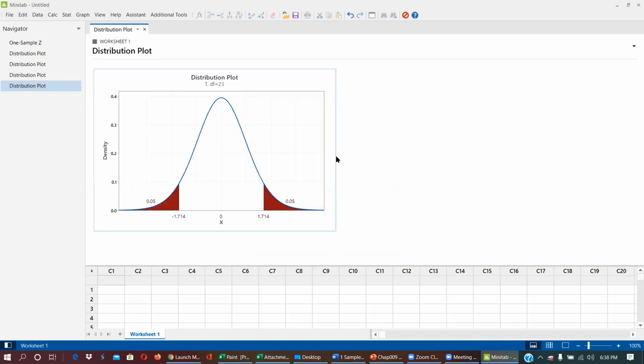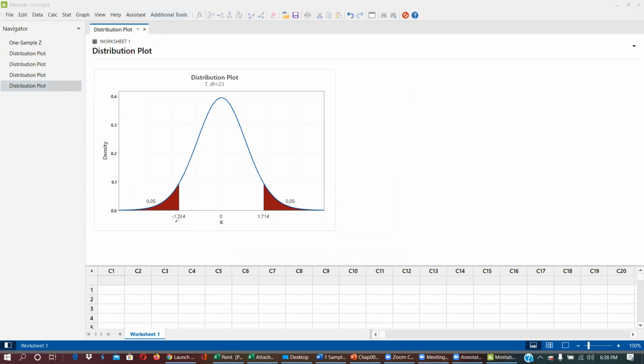And now we got the values. Anything less than minus 1.714 or above 1.714 is the rejection region. If our value is in this middle region, it is accepted.